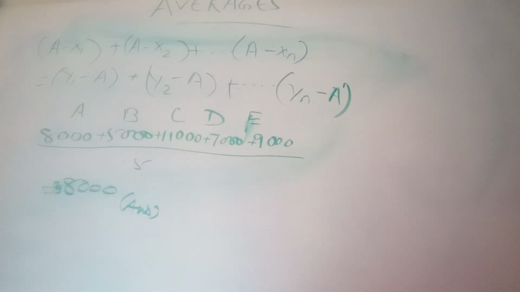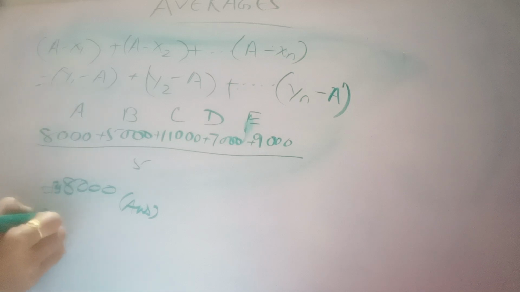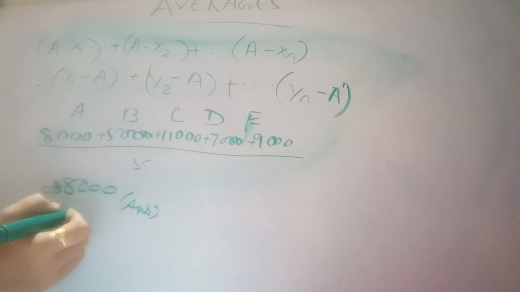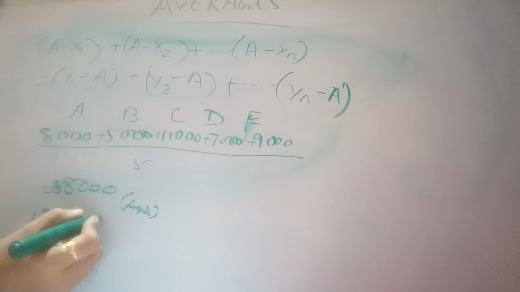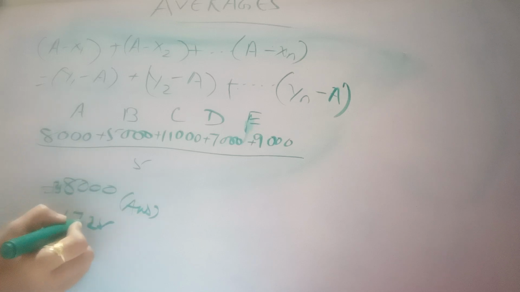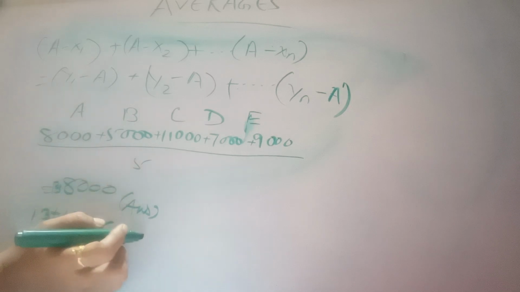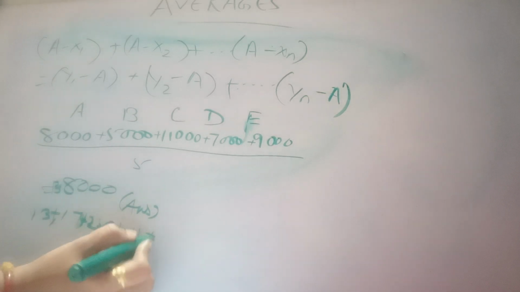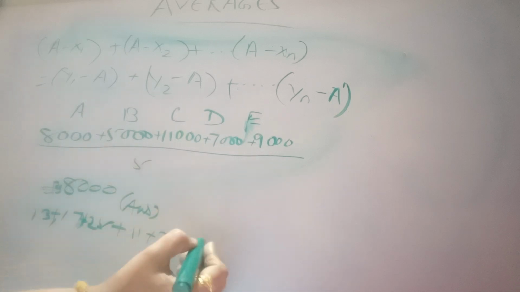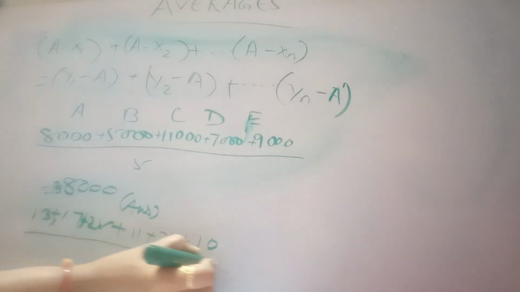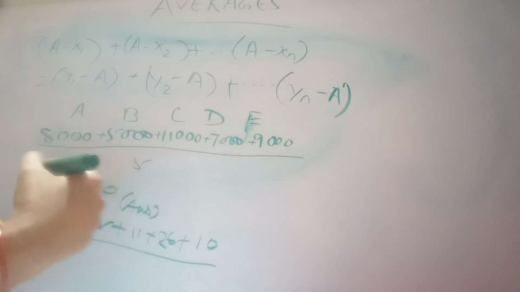Okay, now another question. The average of 6 numbers. We will add 13 plus 17 plus 25 plus 11 plus 26 plus 10 divided by 6 numbers.